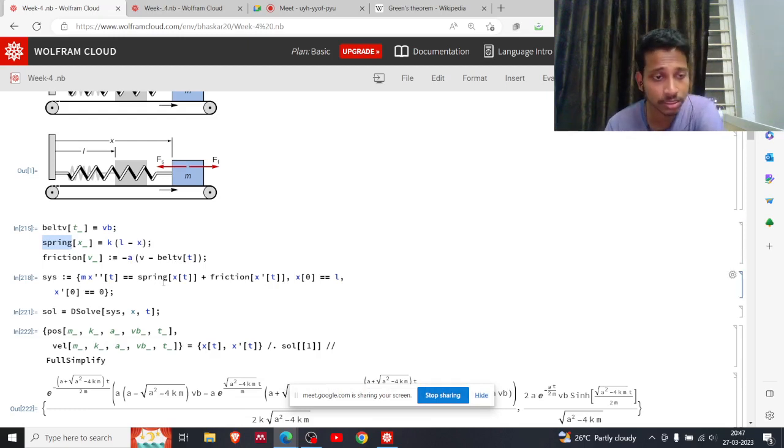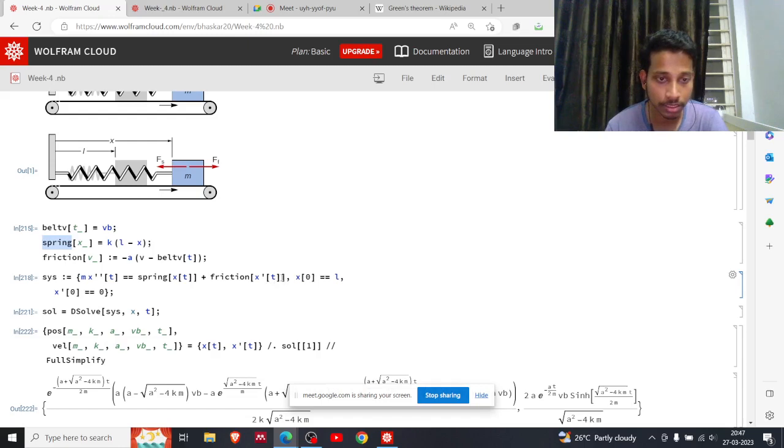Now these three things construct the equation of motion for this mass, written as m x double dash of t equal to the total force acting on the mass: the spring working in the left direction, and the friction working in the right direction.